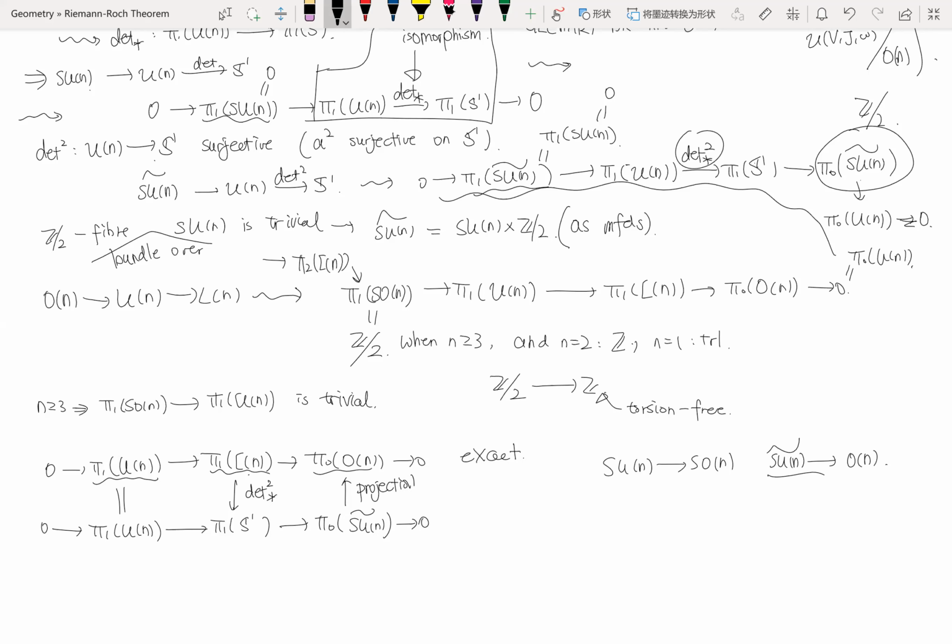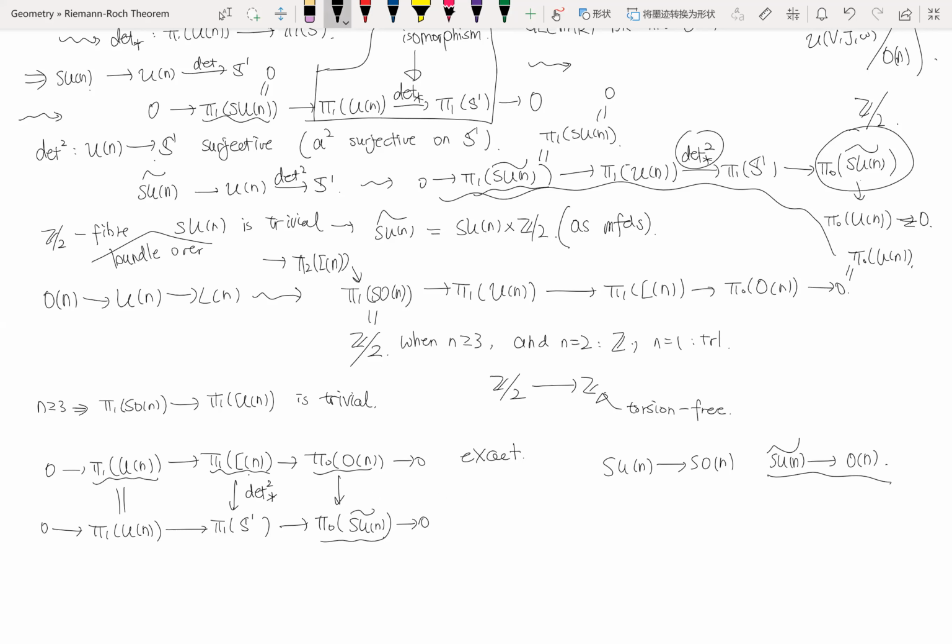Yeah, this is a twofold covering, and then we know that we have a natural projection, but the projection will map connected components to the same. But the projection is an isomorphism, and in fact we know that they are a commutative diagram because they come from a commutative diagram of groups.